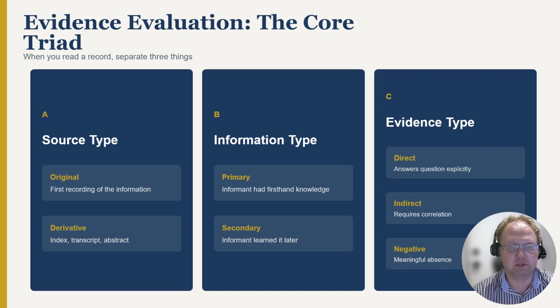First is the source type. Is this an original source or a derivative source or an authored source? An original source is a first recording of the information, the actual register page on which the minister wrote the marriage entry. A derivative source is a copy, index, transcript, or abstract. Derivatives can introduce errors through transcription, but they're still useful, especially for locating originals. There's authored.